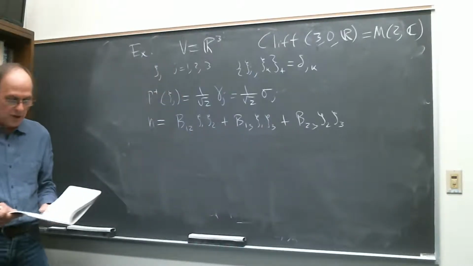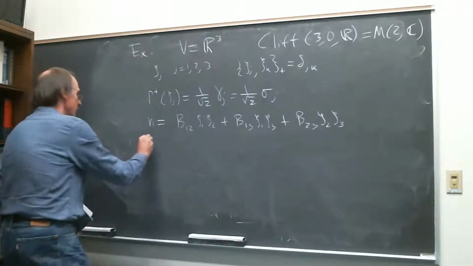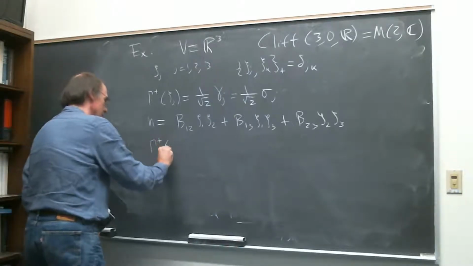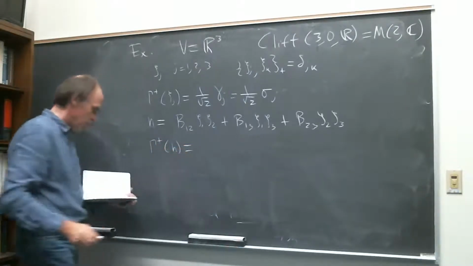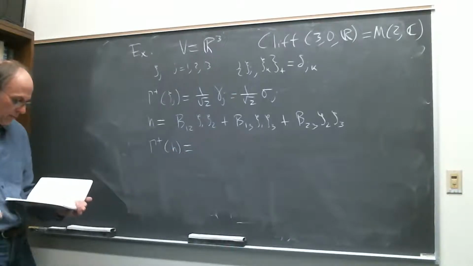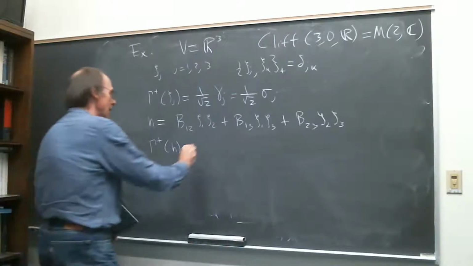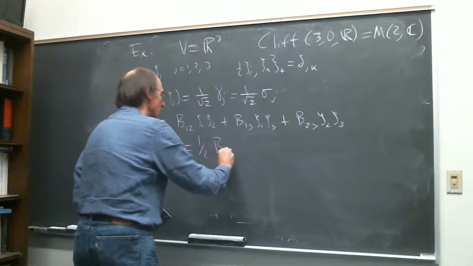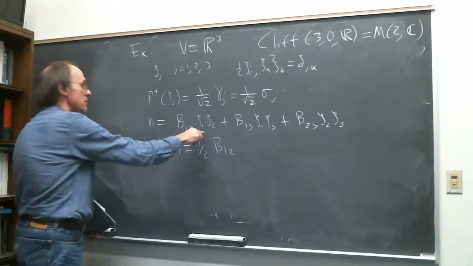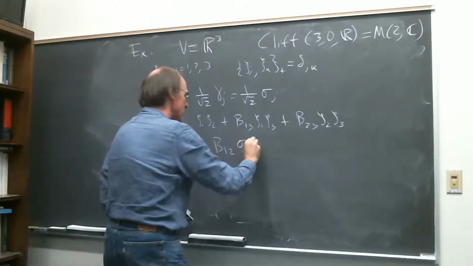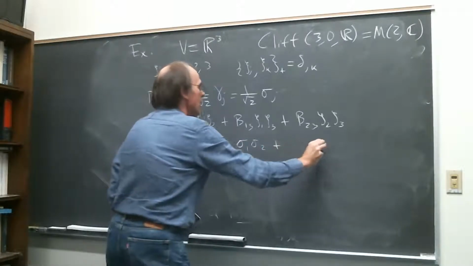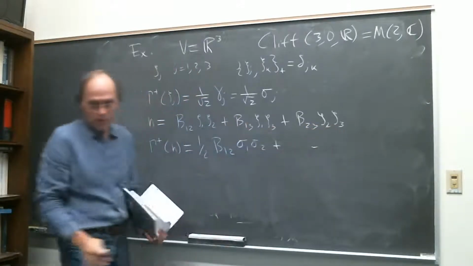but it's good. You've got some arbitrary coefficients here that define this Hamiltonian. But what you show then is if you quantize this guy, you get a half b12, and then this gives you sigma 1 sigma 2 plus, and then do the same thing with those terms.